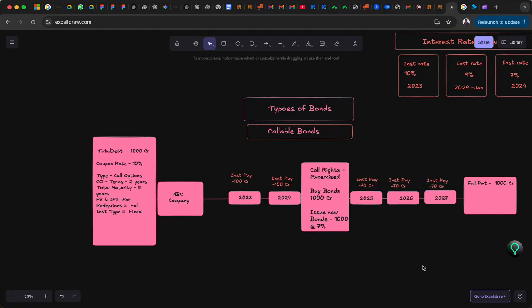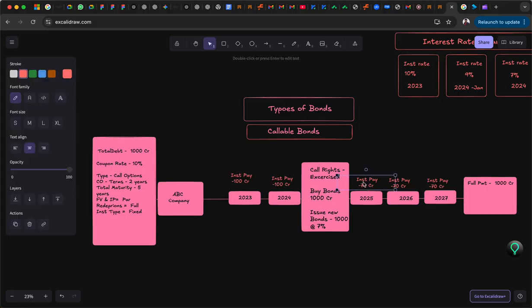Now look at this, the principal repayment at maturity remains the same. But every year the company can save, let's talk about savings, guys, savings of interest cost around 30 crore.